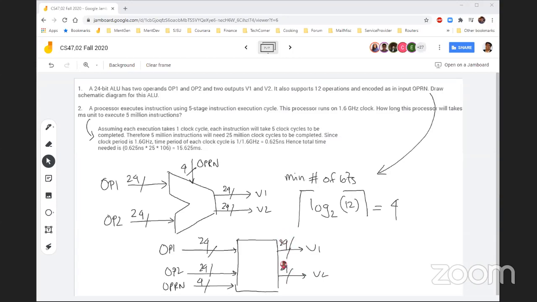But in this case, you need to put the name of the component somewhere. That's the deal with rectangular boxes: you need to specify what component you are talking about, versus the ALU, which has a very specific schematic symbol so everyone knows what that component is.